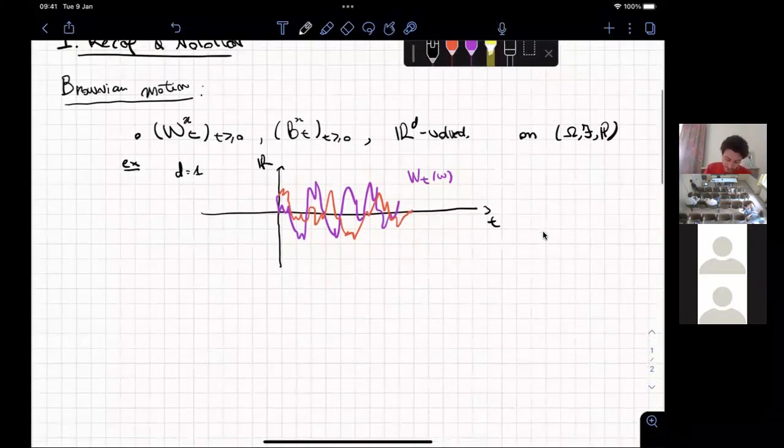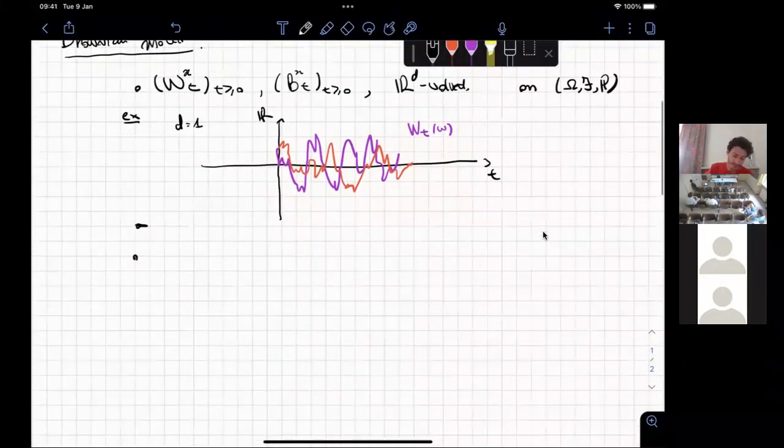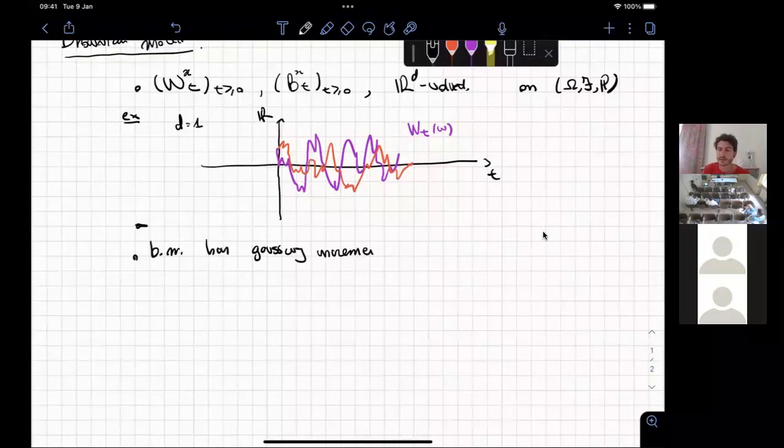The important thing to keep in mind is that Brownian motion has Gaussian increments. If you take B_t minus B_s with t greater than s, then you obtain a Gaussian increment, which is why it is called a Gaussian process.